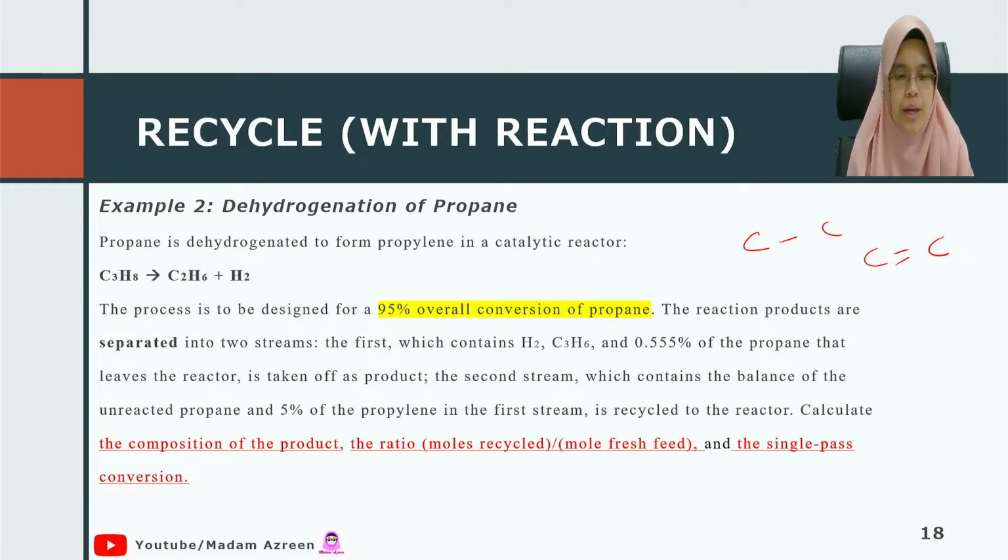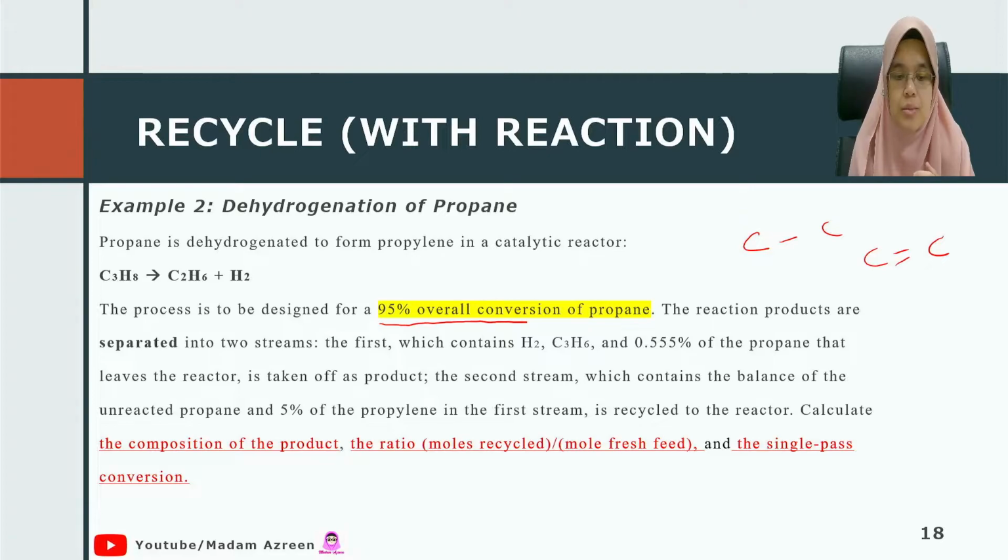So here we have this reaction with 95% overall conversion. Overall conversion, meaning the outer boundary condition, has 95%, and the product is separated into two streams. The first contains hydrogen, propylene, and 0.555% of the propane that leaves the reactor, and is taken off as a product.